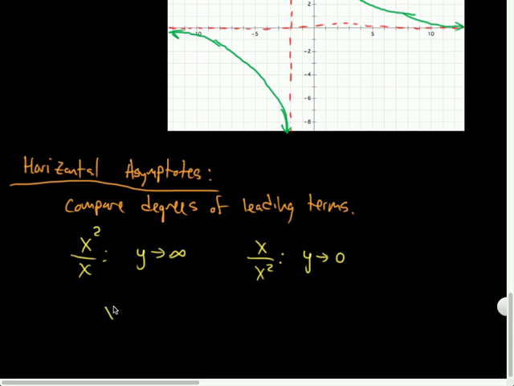And if it's a tie, so let's say x to the second over x to the second in this case, I'll add one more component here. What if this is ax squared over bx squared? Then y is actually just going to approach a over b.